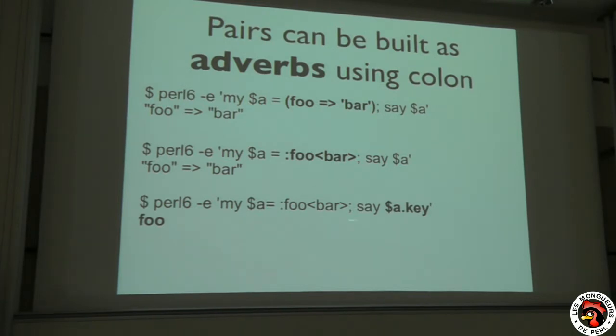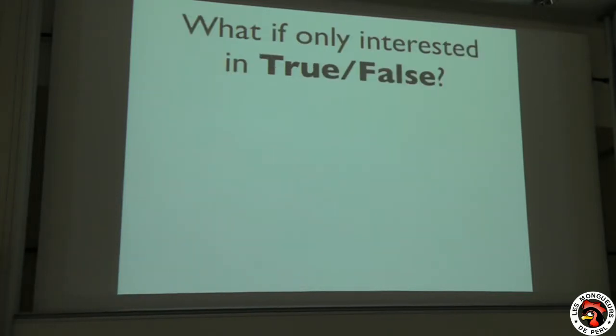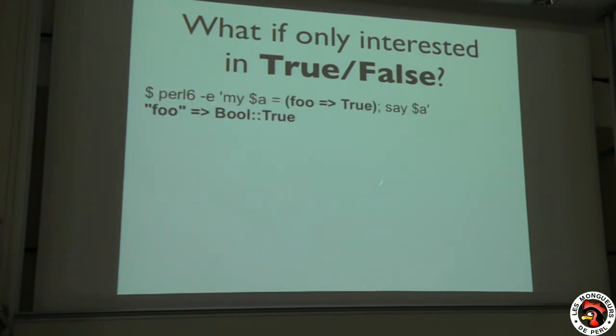So again, we can ask for the key again by doing it like this, because this is a pair. So basically, you specify the key and value. Right? So what if you're only interested in true and false for your pair? Something like this.